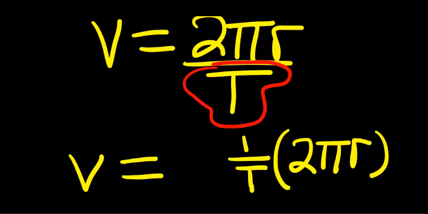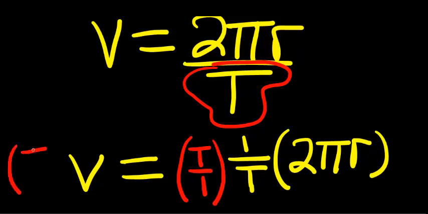So now I can see that I have a fraction, and whenever I have an algebraic equation that has a fraction, I want to multiply both sides of the equation, the right-hand side and the left-hand side, by the reciprocal of my fraction. And the reciprocal of 1 over t is t over 1.